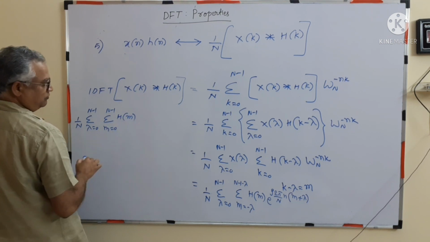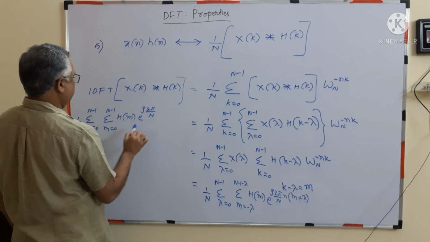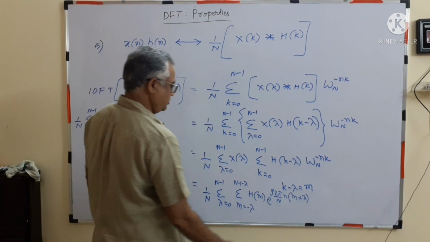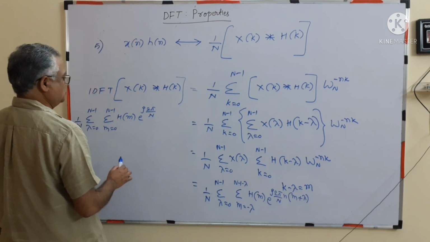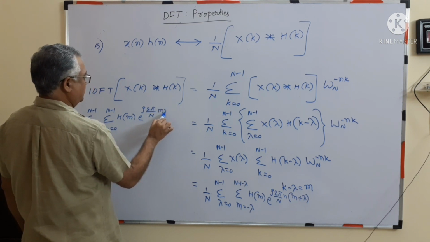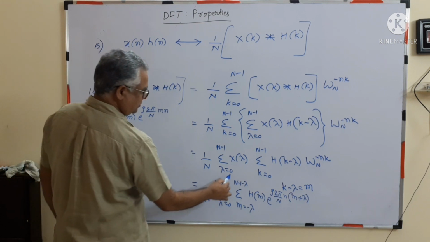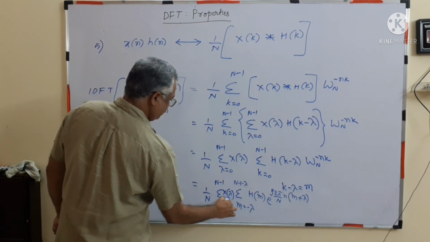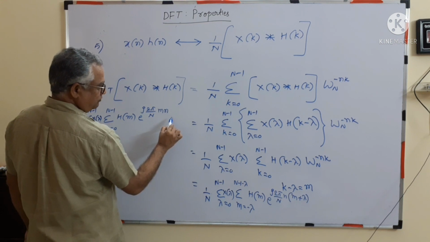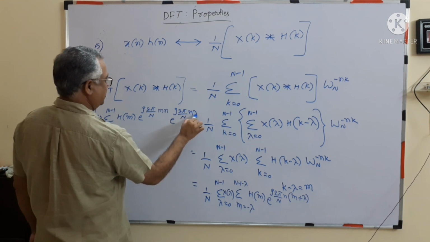Then H of m, e power j 2 pi by N mn, here X of lambda, then e power j 2 pi by N lambda.